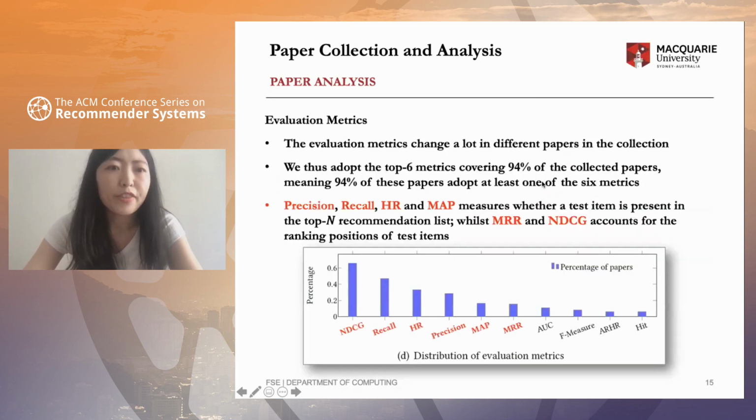And in terms of the evaluation metrics, the figure shows the distribution of the top 10 most popular utilized evaluation metrics, and we adopted the top 6. Among them, four metrics measure whether a test item is present in the top recommendation list, while the other 2 account for the ranking predictions of the test items.